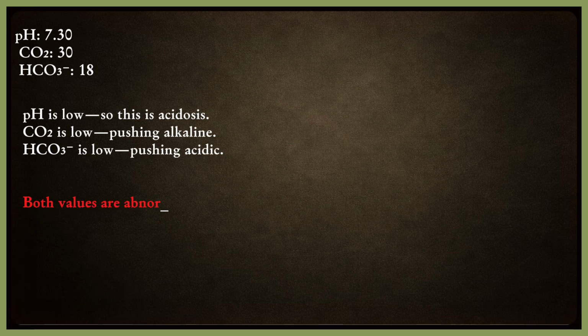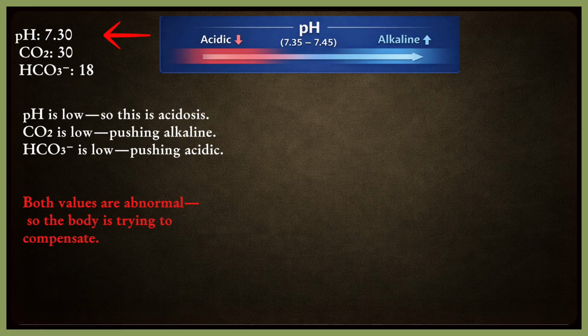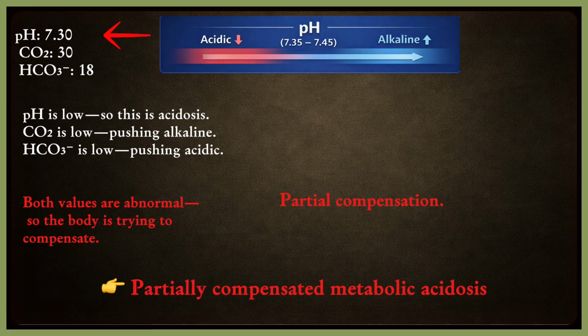Both values are abnormal, so the body is trying to compensate, but the pH is still outside the normal range, so this is partial compensation. Since the pH is acidic, the original problem is metabolic. Partially compensated metabolic acidosis. One final line to lock in. Partial compensation means the body is trying, but it hasn't fixed the pH yet.